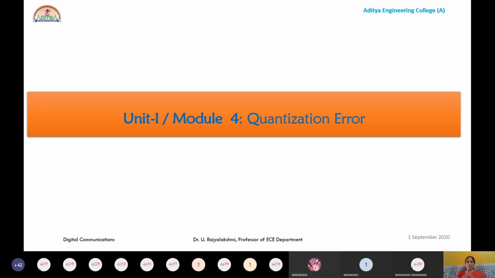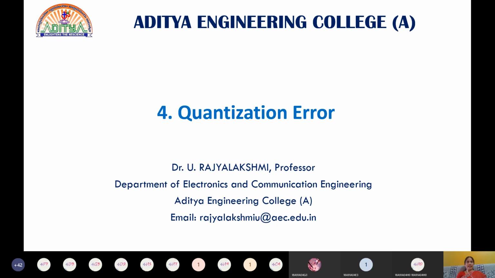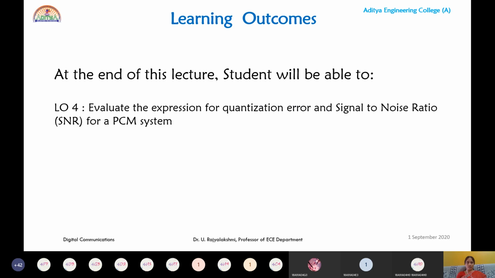So we can continue this in the next class. I will just give you the introduction to module 4. In this module 4, we can calculate the SNR, signal to noise ratio, as well as the quantization error. How can you define the signal to noise ratio? It is defined as the ratio of normalized signal power to normalized noise power.